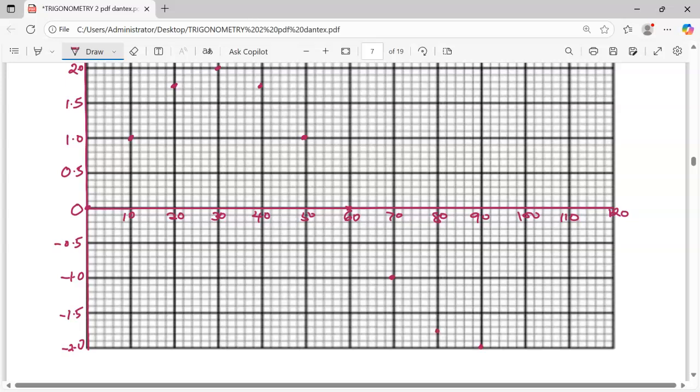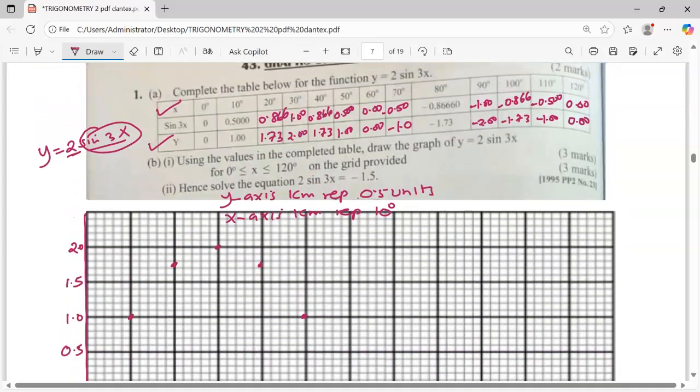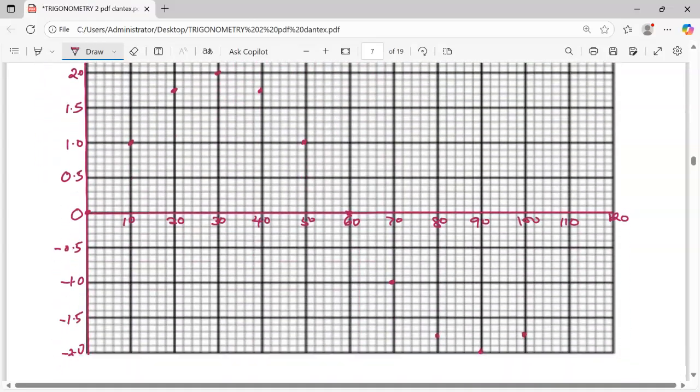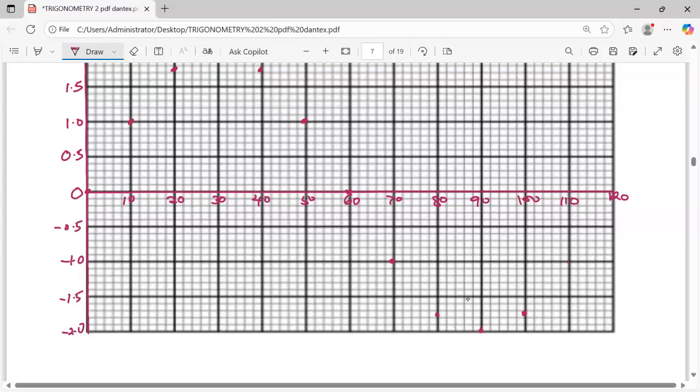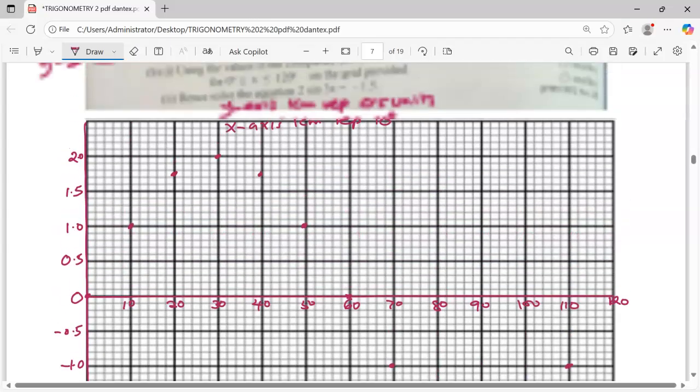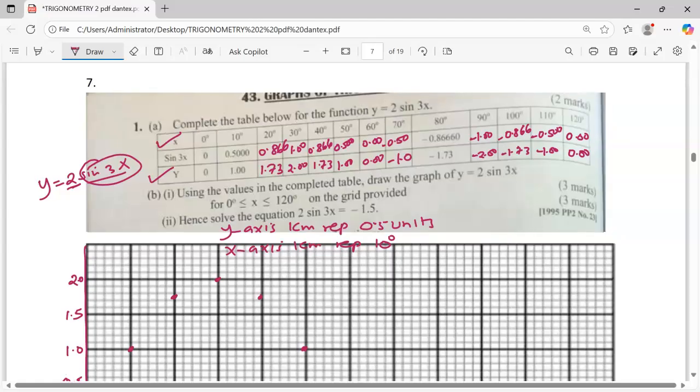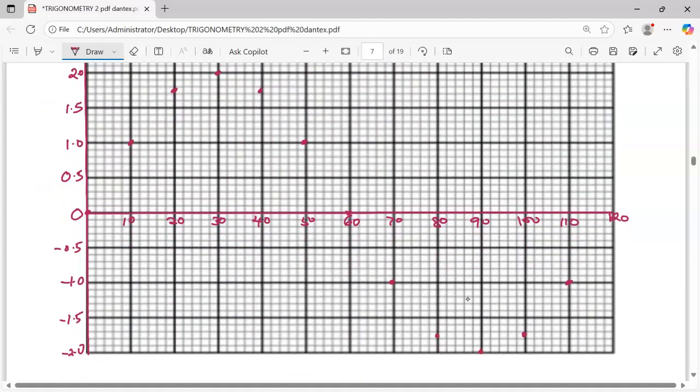Then at 100, we are going to have negative 1.73, which will be at this point. At 110, we are going to have negative 1, which is at this point here. And finally, at 120, we are going to have 0, which would be at this point here.